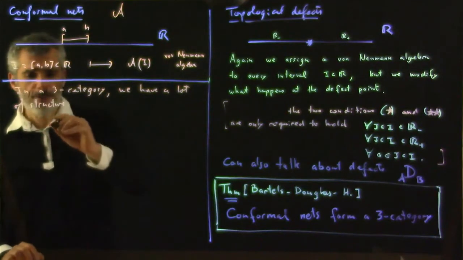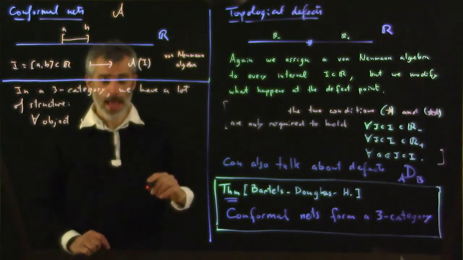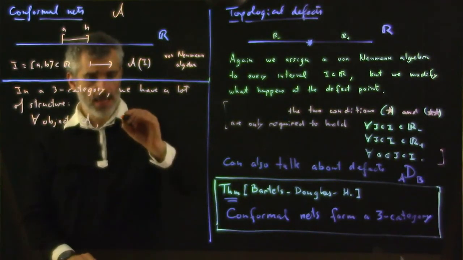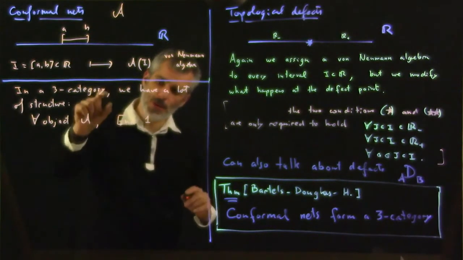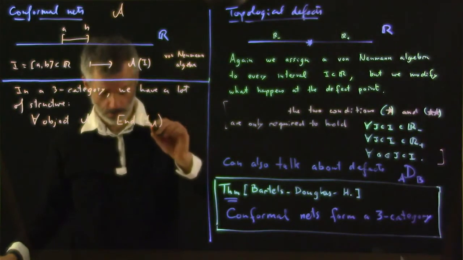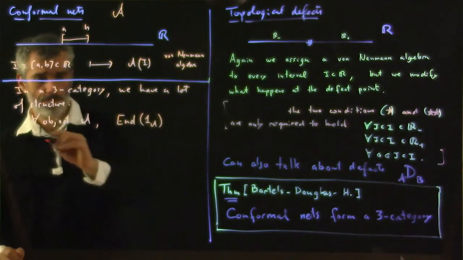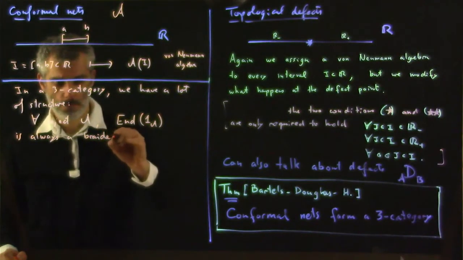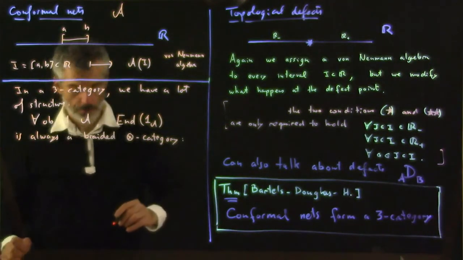For example, for every object A, let's call it A because this is the three-category we care about, I want to take the endomorphisms of the unit defect of A. That is always a braided tensor category. And here's the proof.